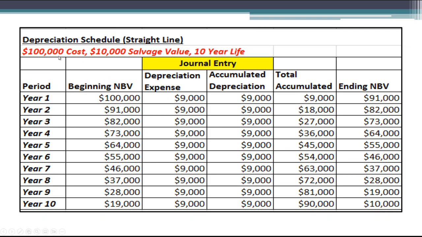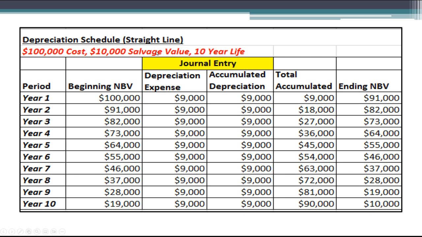That's the other key thing about it. So here we have a little bit different example: $100,000 cost. Now it has a $10,000 salvage value and a 10-year life. So notice again, regardless of what salvage value we have, our beginning net book value is still the full $100,000 cost. Salvage value does not impact net book value at all.